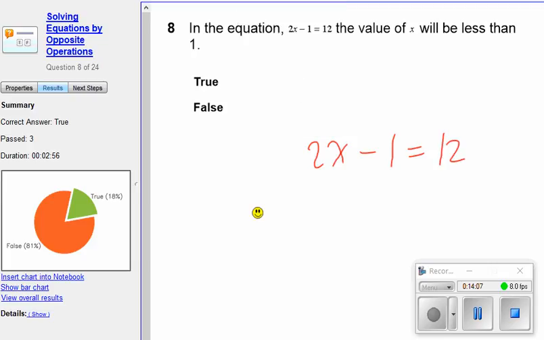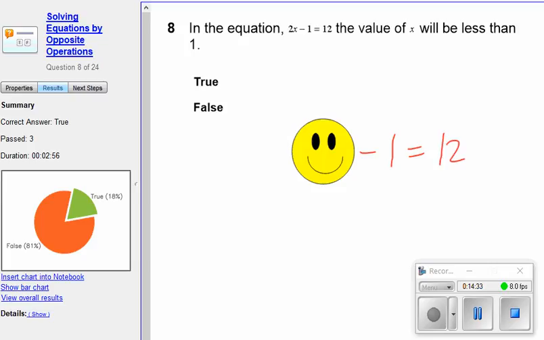I'm going to take one of these things, make it bigger, and put this over here. And I want you to think about this for a second. What is the value of the smiley face, Aiden? If the smiley face take away 1 is 12, the answer for everyone is 13.